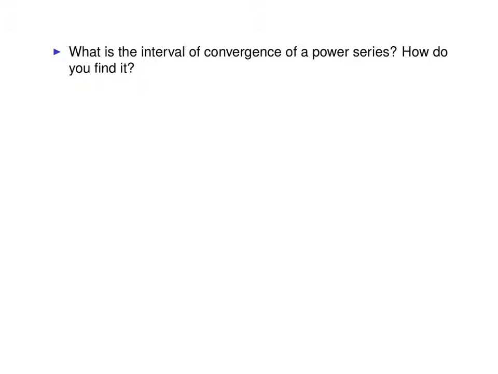Now, what is the interval of convergence of a power series? This is the set of all x such that the series converges. And you kind of piggyback on the last slide.